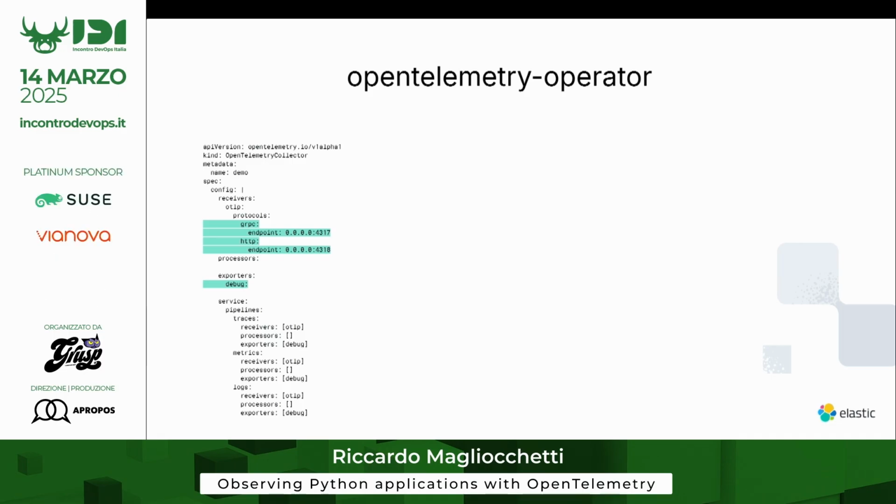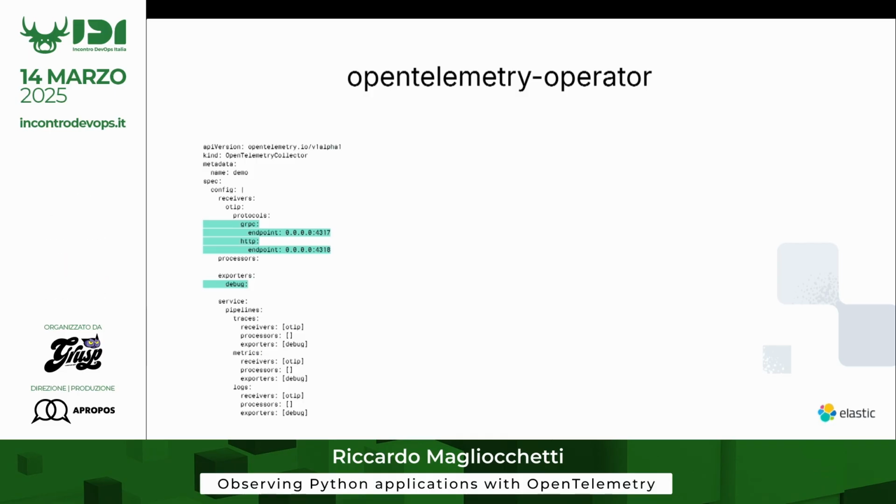We set up two endpoints as a receiver, that is the entry point for the telemetry we are accepting. So we have the gRPC based one on port 4317 and the HTTP protobuf one on 4318.